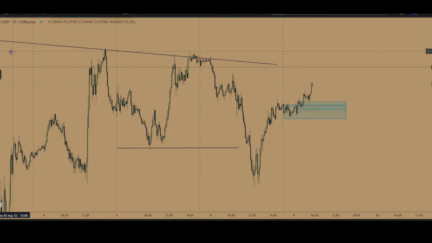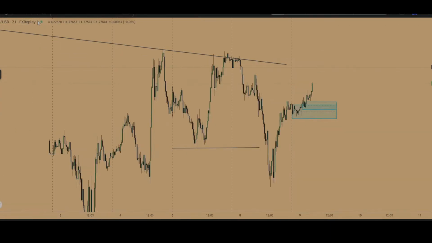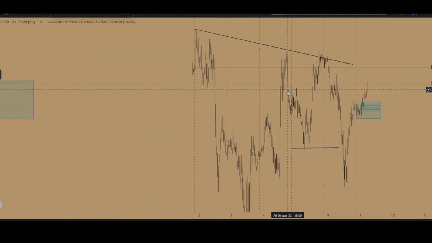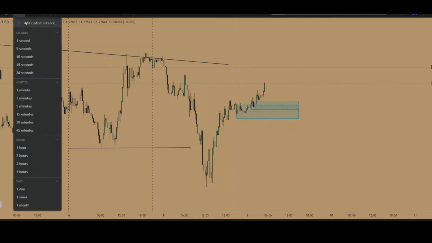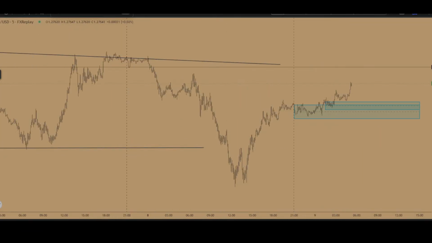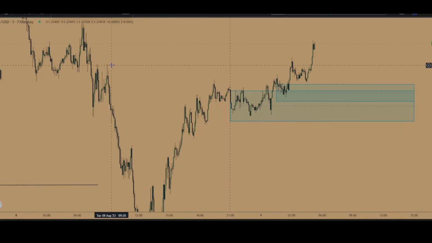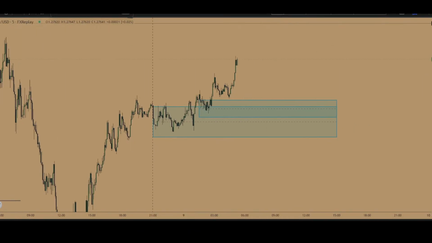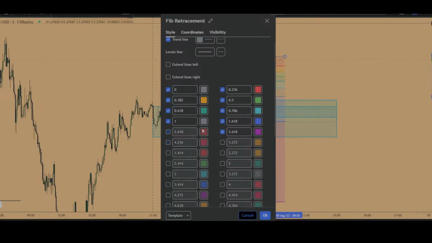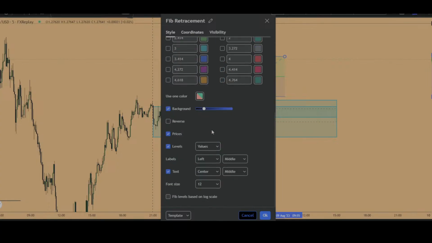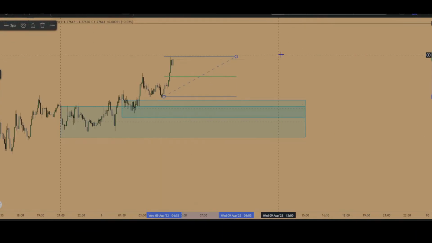Market maker buy model, and see 21. See, so we get here. We will buy.